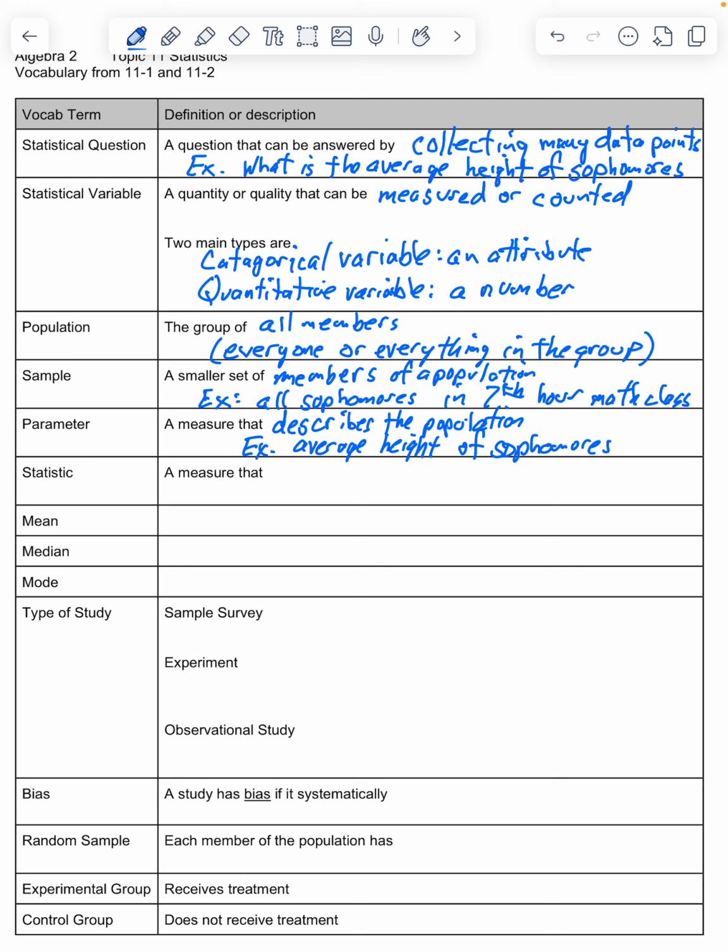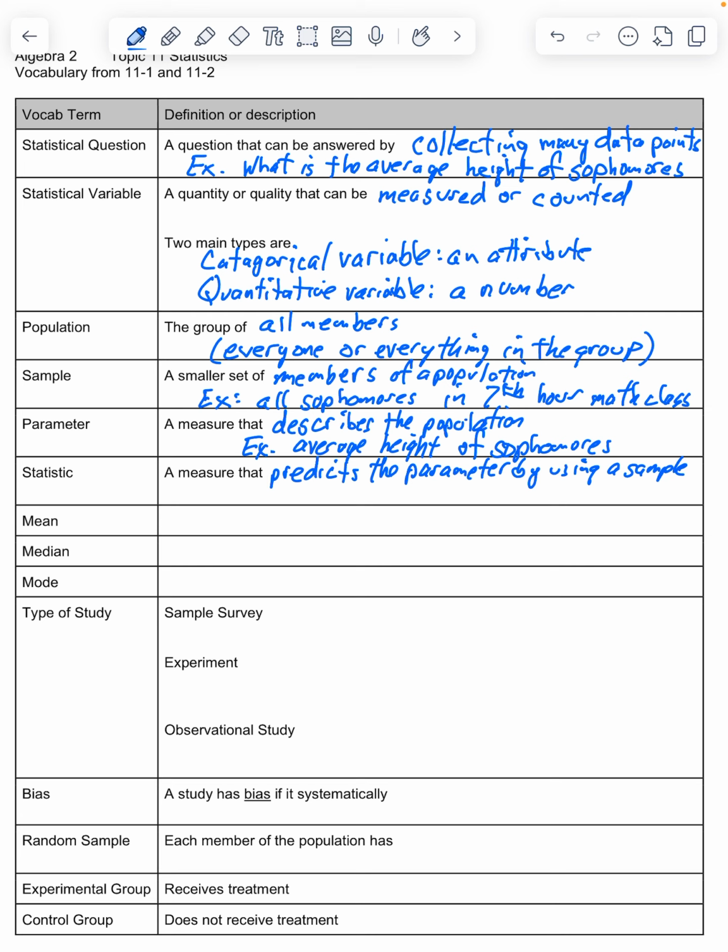Whereas a statistic is a measure that predicts the parameter by using a sample. So as an example, if we stay with our height of sophomores, maybe we take the 7th hour math classes.